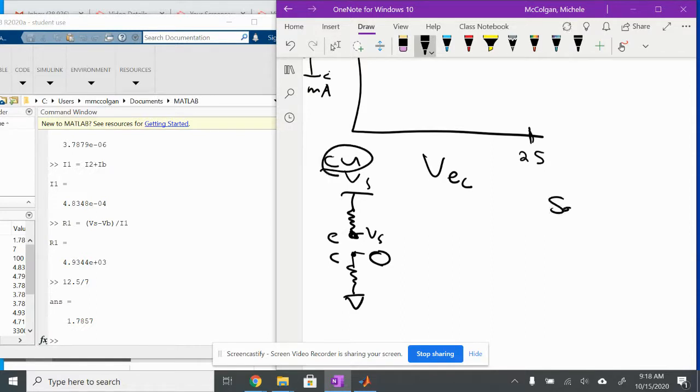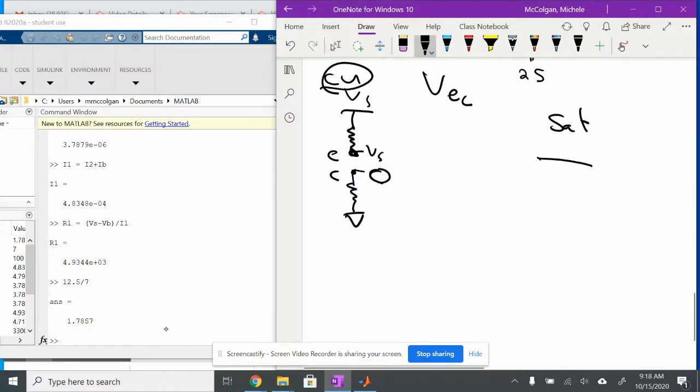And then saturation, I'm going to have, this is E, this is C. Now I'm going to have a wire connecting. So IC is going to equal VS over RE plus RC.